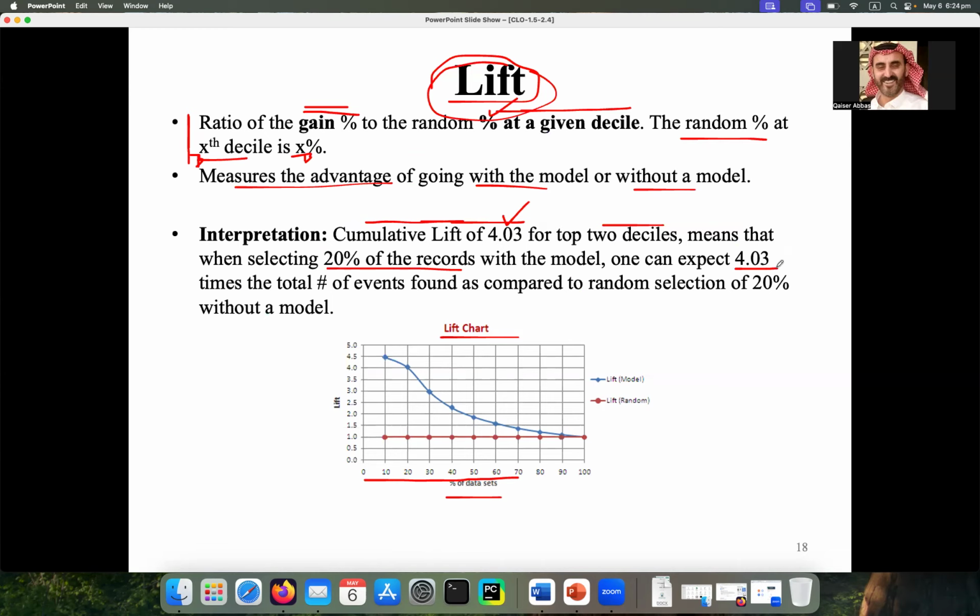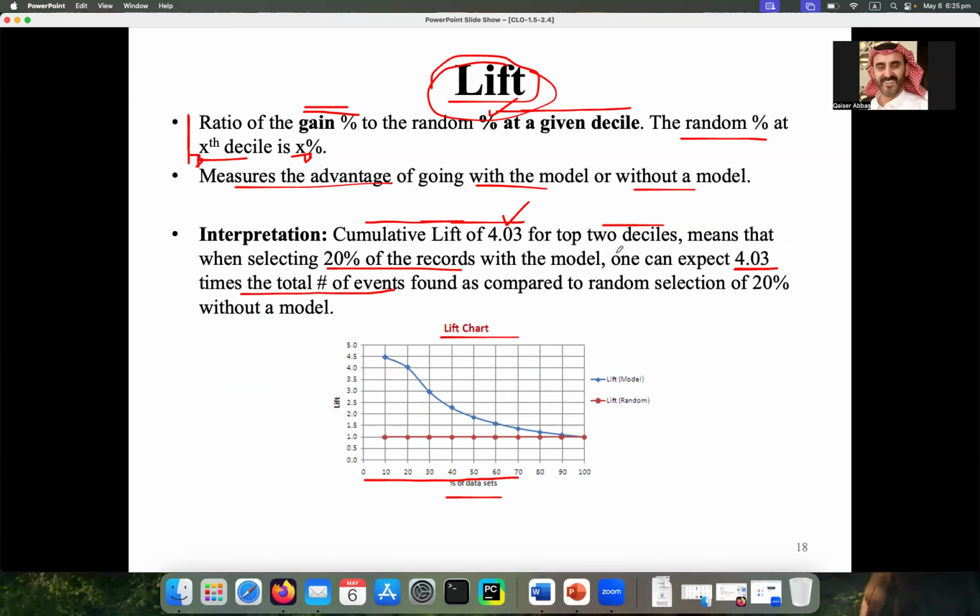It means that you will cover 4 times the total number of events. That 4.03 means, just for the sake of ease, I am using only the 4.